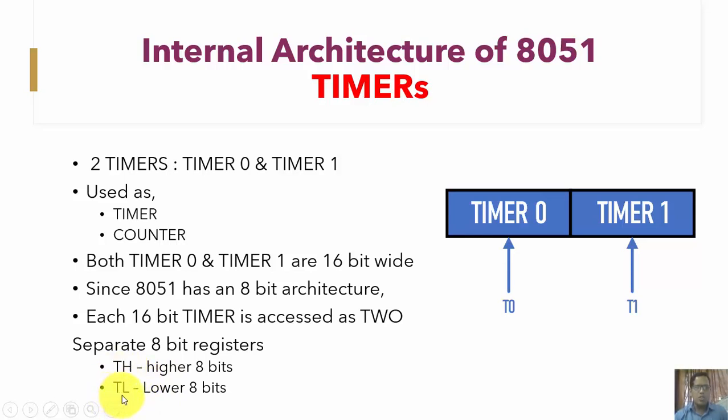When we use the lower 8 bits, we say this is TL0 as one register, and when we utilize the higher 8 bits, we say this is TH0. Similarly, timer 1, which is again a 16-bit wide register, can be used as two 8-bit registers like TL1 associated with the lower 8 bits and TH1 associated with the upper 8 bits.